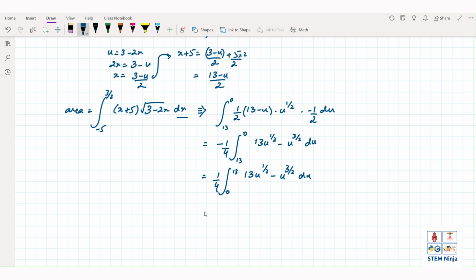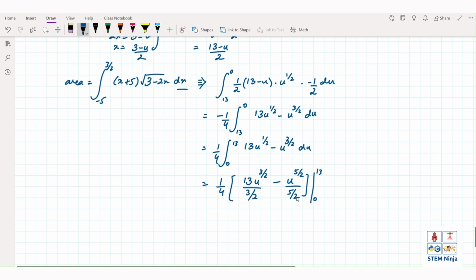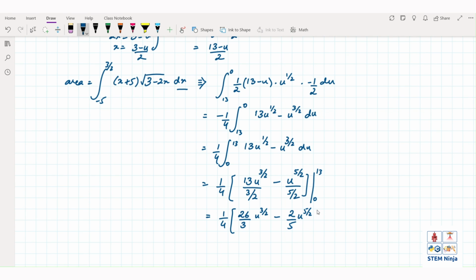Now we integrate this 1 over 4. This integrates to 13 u to the 3 over 2 divided by 3 over 2, minus u to the 5 over 2 divided by 5 over 2, from 0 to 13. Let's simplify this before plugging in the limits. 1 over 4, 13 times 2 is 26 over 3 u to the power 3 over 2, minus 2 over 5 u to the power 5 over 2, from 0 to 13.